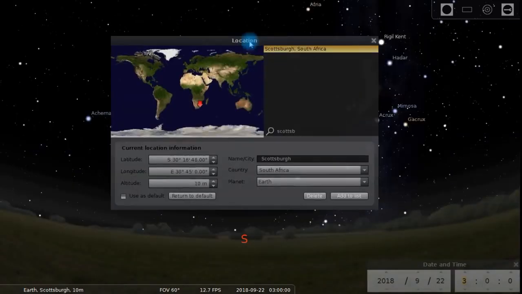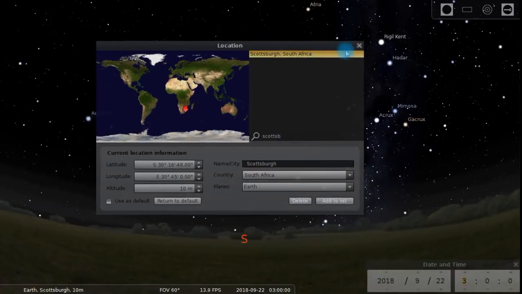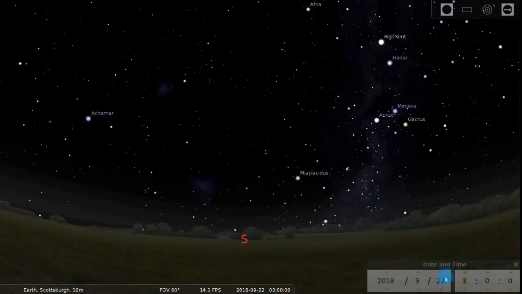Click on that, and there's the Crux, Southern Cross position over there. So when I'm at Coffs Harbour, 3 AM in the morning on that date, Southern Cross will be over here, and in Africa at Scottsburg, South Africa, Southern Cross will be here.